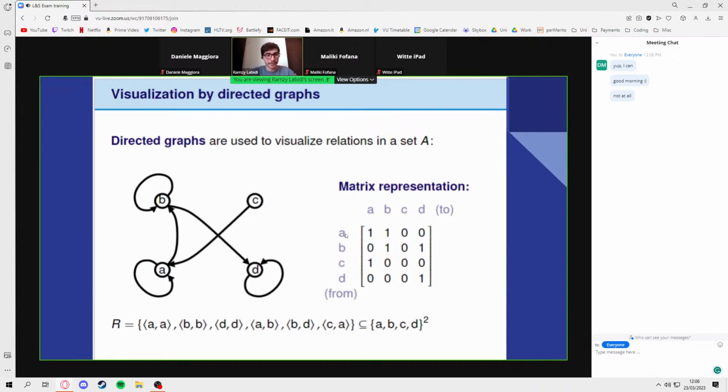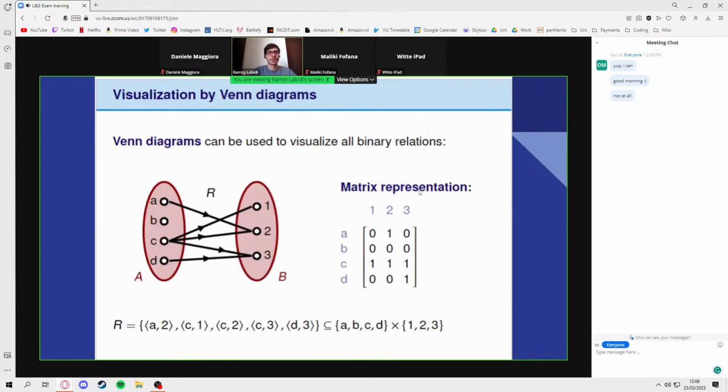As you can see, A to A, the other one is connected to B, and then it's one, from to. This could be well visualized by using Venn diagrams. You could put two sets as two opposing sets and put R as a relationship in between them.